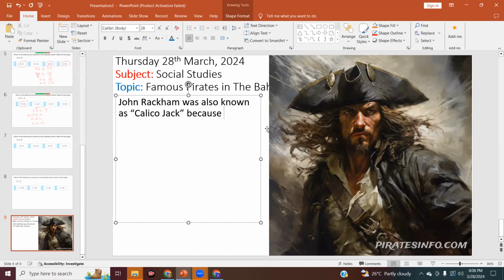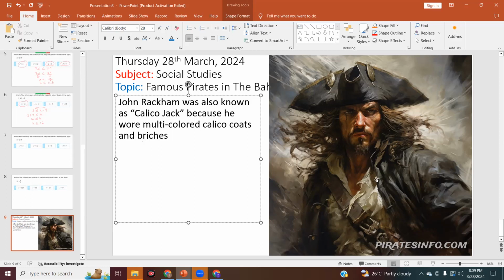John Rackham, also known as Calico Jack, because he wore multicolored calico jackets or coats, and calico coats and breeches.